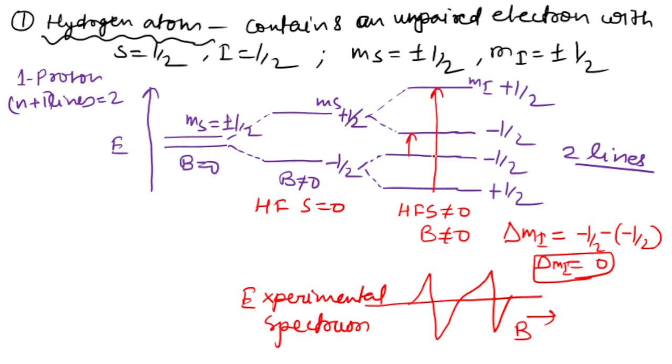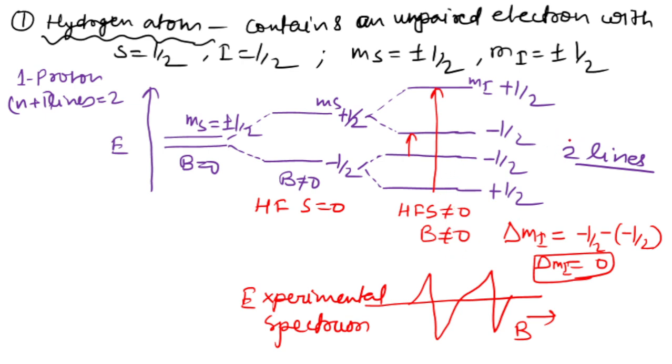So these four energy levels, due to m_I, give two transitions. One is from minus half to minus half, another is plus half to plus half. This transition takes place when delta m_I is equal to 0; if this holds, then the transition will take place.